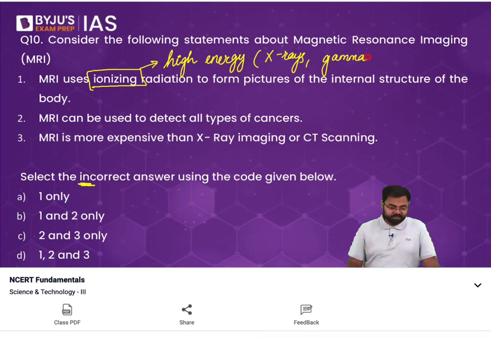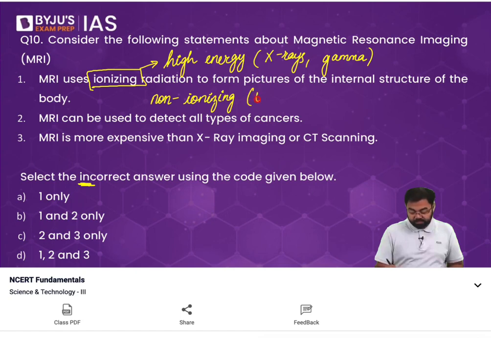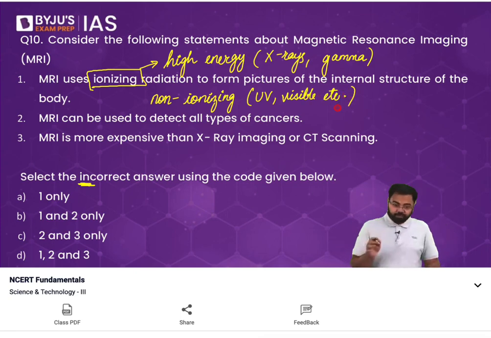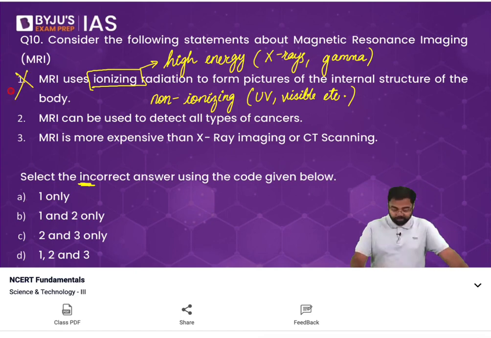Whereas non-ionizing radiation includes the UV rays, the visible light, the infrared, etc. In case of MRI, for the imaging, we do not use ionizing, we use the non-ionizing radiation. So this is wrong. It uses non-ionizing radiation.